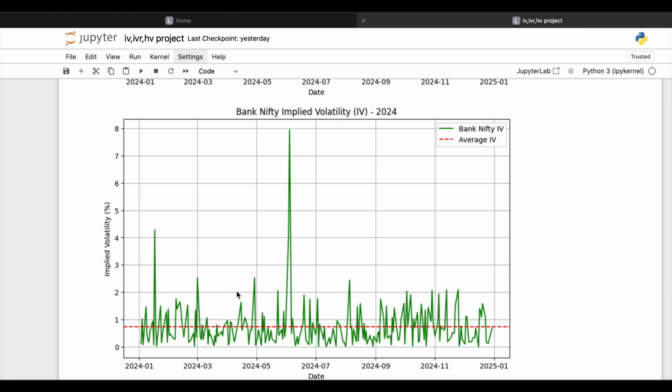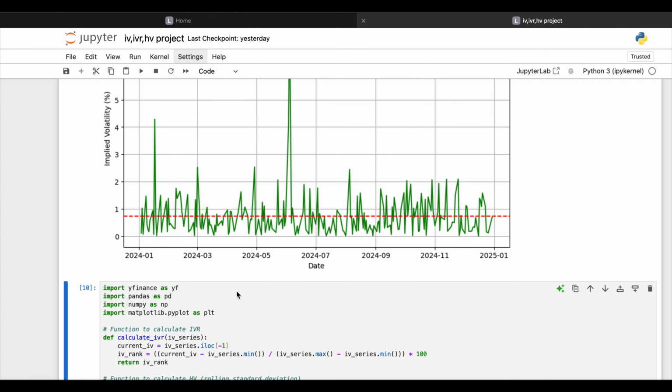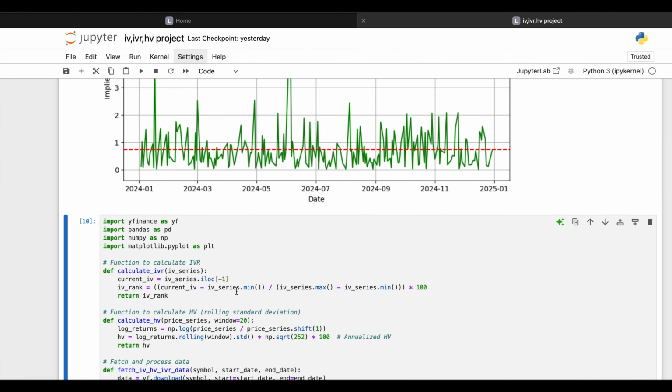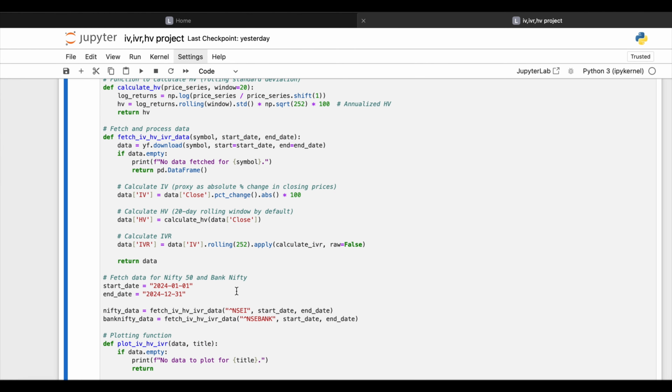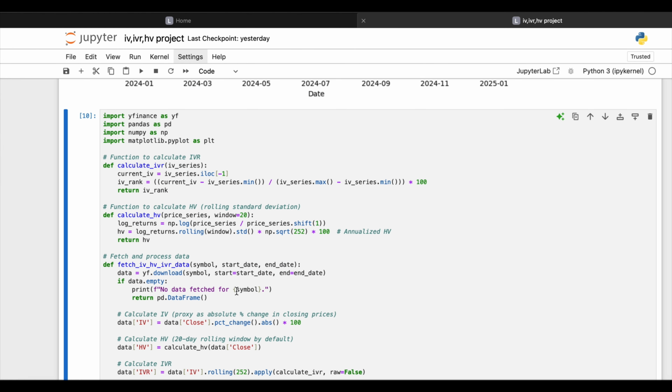Understand? Now, this is the code for the Nifty and Bank Nifty IV, and previously I showed you the code for Bitcoin also. Now, IV and HV both we will take. So, this is the IV and HV both.